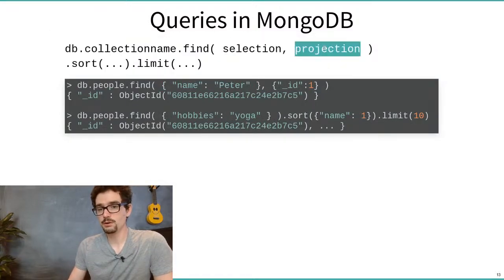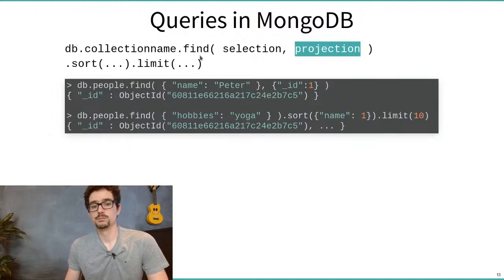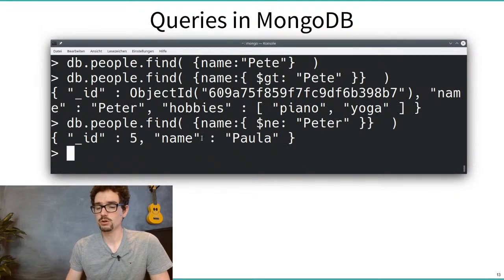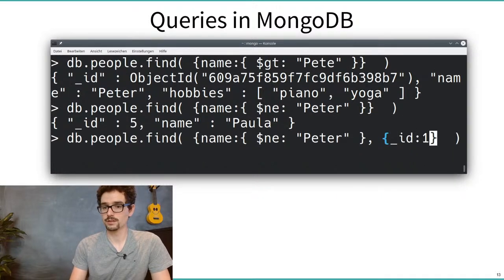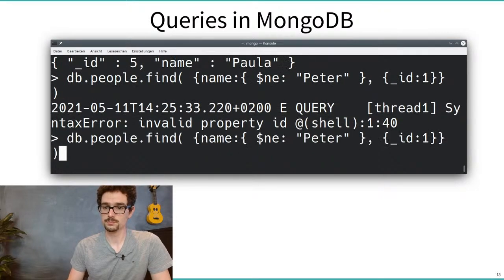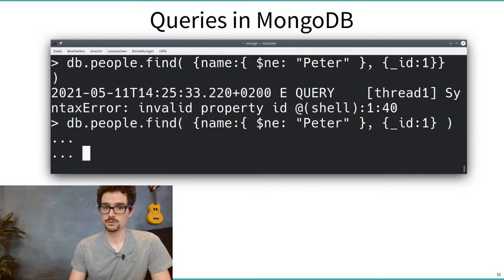And the second parameter of the find command is a projection, because here we see the whole document is found. And when I say I'm not interested in the whole document, but only in the ID, then you say ID, 1.